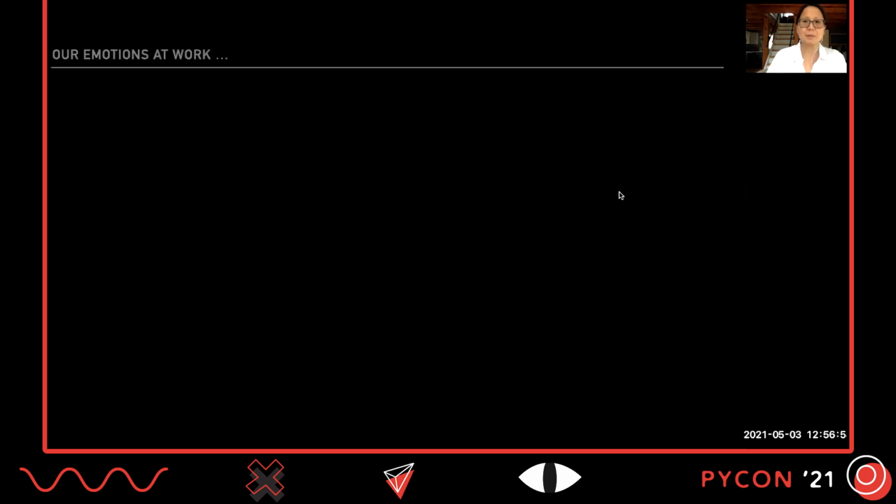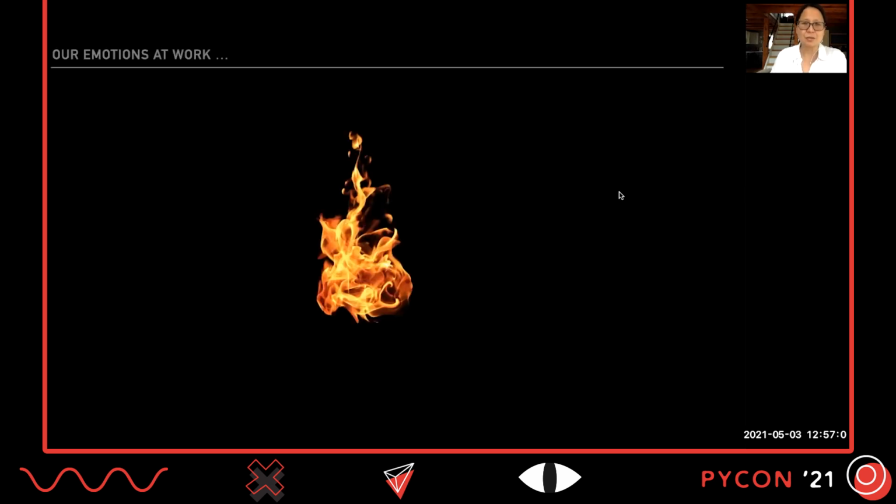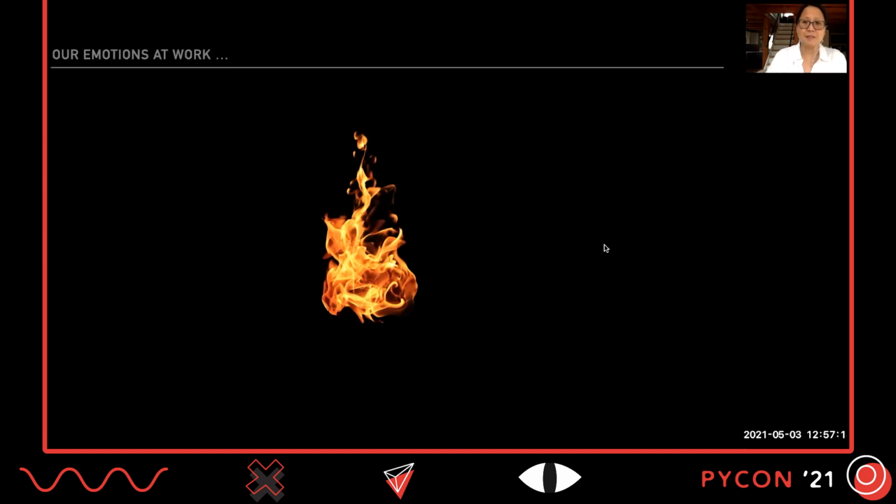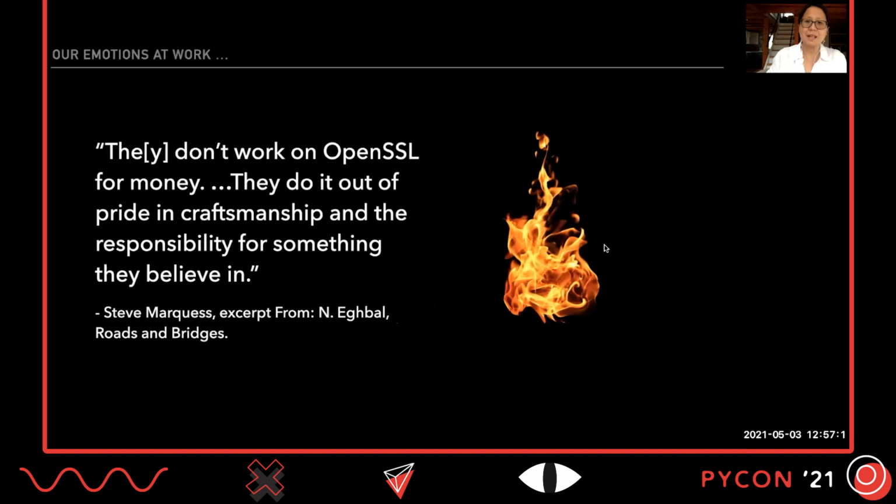So what do I mean by emotion? It's the strong, visceral connection that drives our engagement and keeps it high. You might think of it as passion or the fire in your belly. It's our why and reason for being. This quote is by Steve Marquez, taken from Nadia Iqbal's paper, Roads and Bridges.